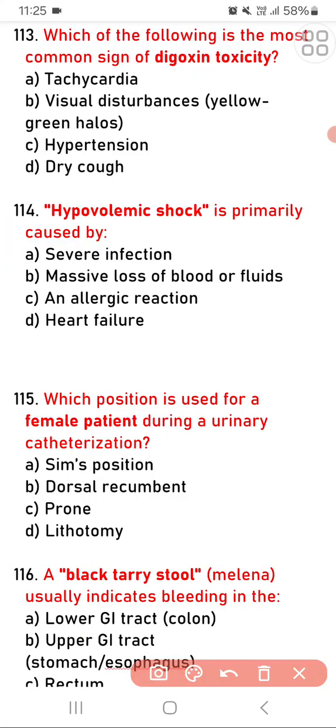Which of the following is the most common sign of digoxin toxicity? Visual disturbances, yellow-green halos.